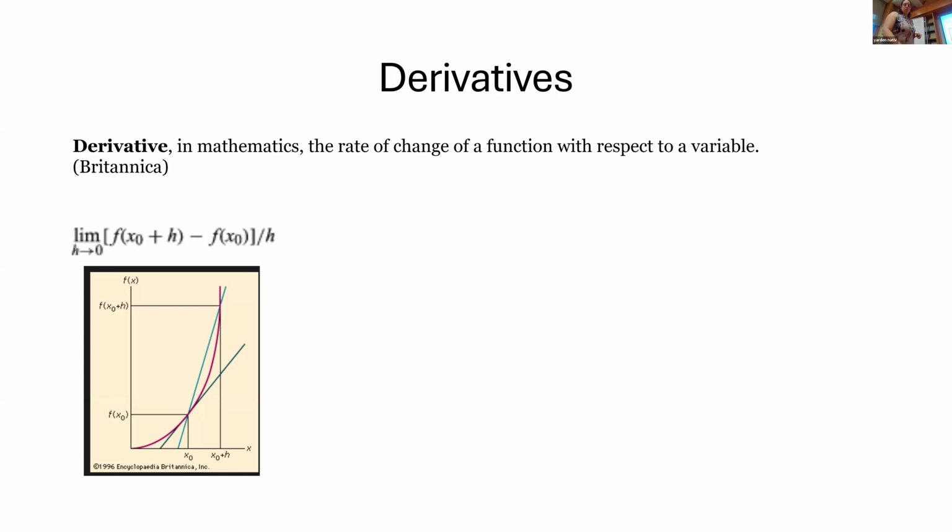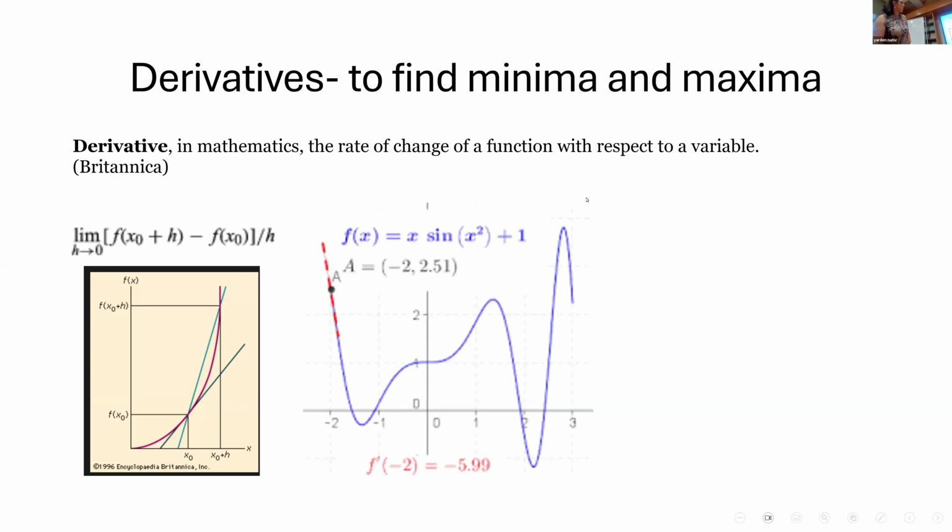And then we can use the derivative, as you can see here in the plot from Wikipedia: whenever the derivative is positive, this means that we are going upwards in the function, and whenever it is equal to 0, this might mean that we are at a minima or a maxima, one of the optimizations, right?